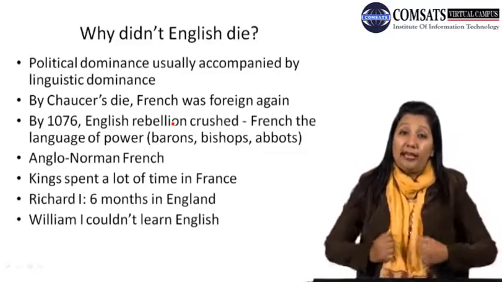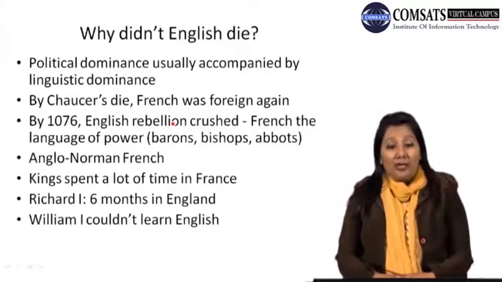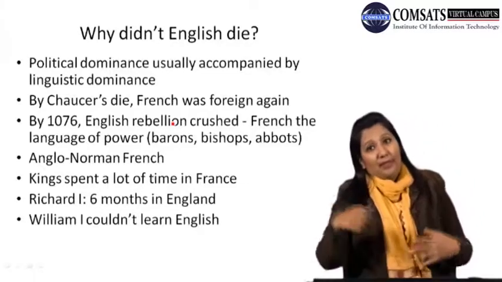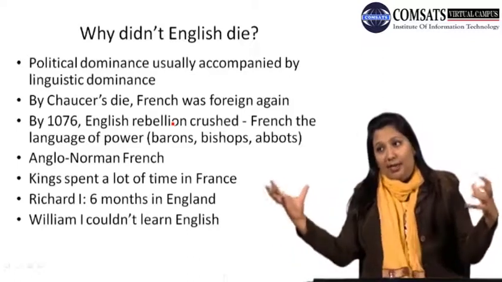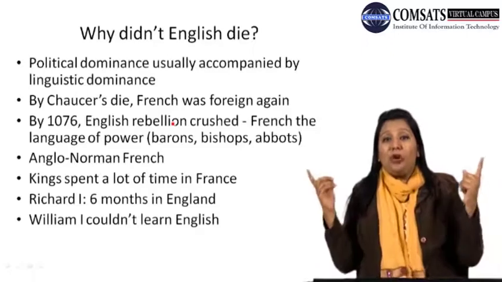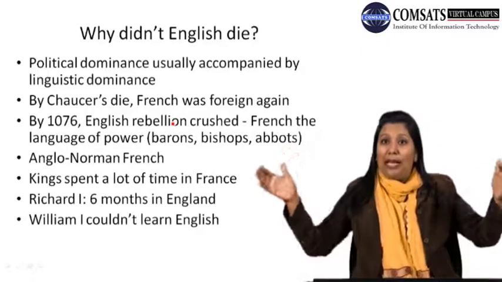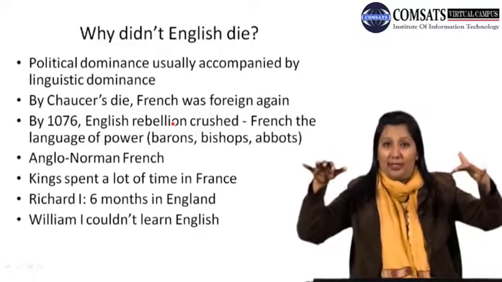And then we say, okay, we are talking about why English did not die at that time. Because political dominance was coming on, people were becoming dominant. It was coming with linguistic dominance, and linguistic dominance is concerned with the language, while language is concerned with the politics.